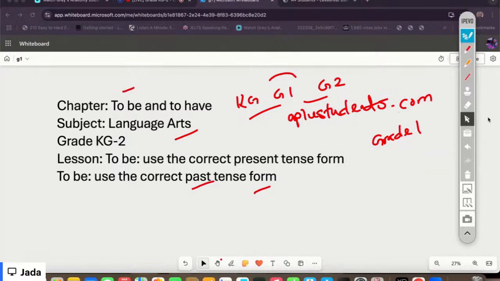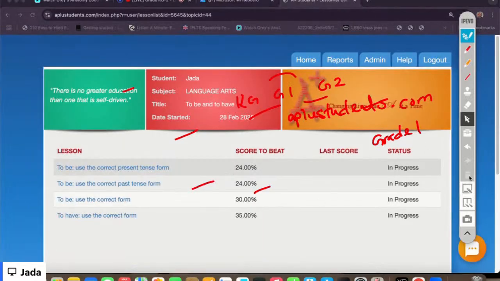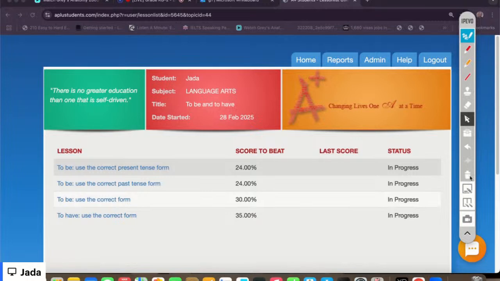Hi, how are you? Good to see you today. This lesson is for grade 1, grade 2, and also the KG, that's the kindergarten. So this is a joint lesson for you all.